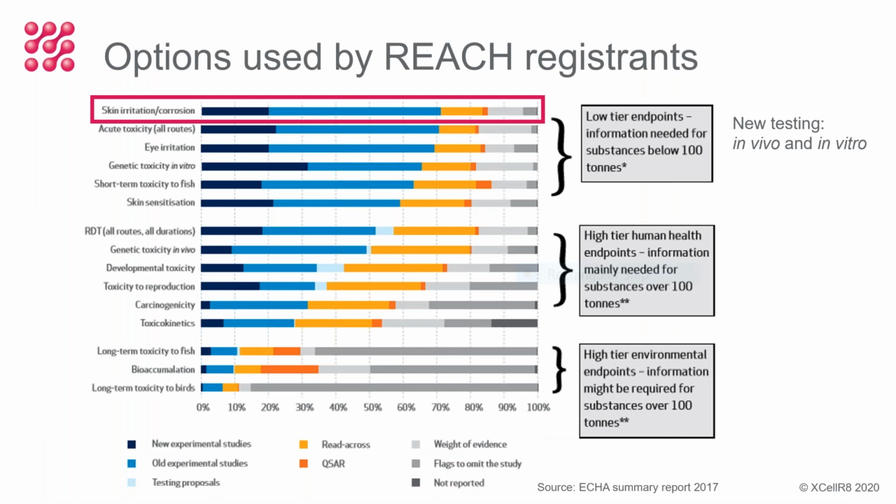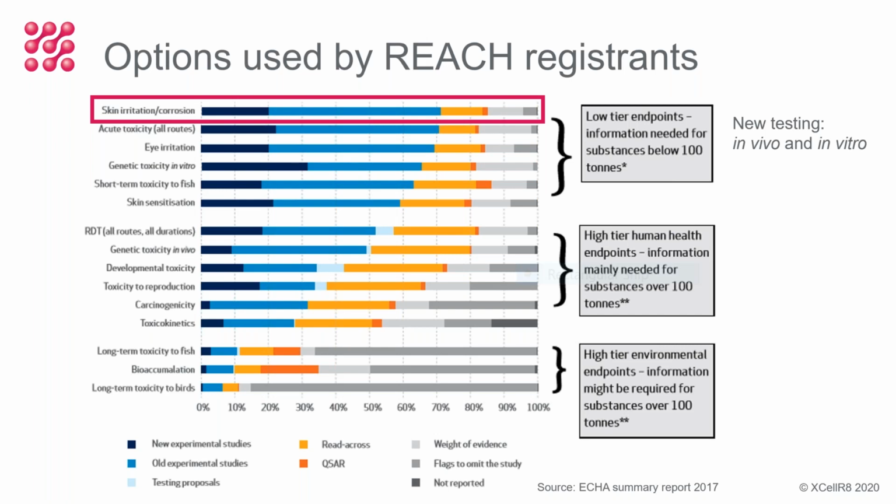And I just thought it might be useful to take a look at this data. This is taken from an ECHA summary report back in 2017, and it was a summary of the options that have been used by REACH registrants up until that date. So I've highlighted in the top row the skin irritation and corrosion data.